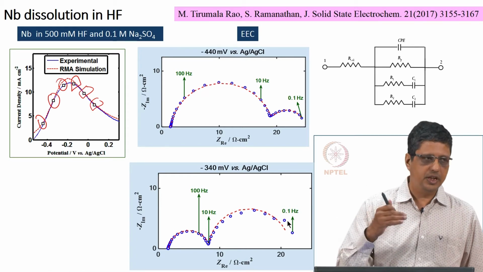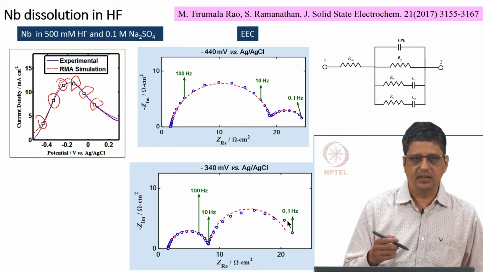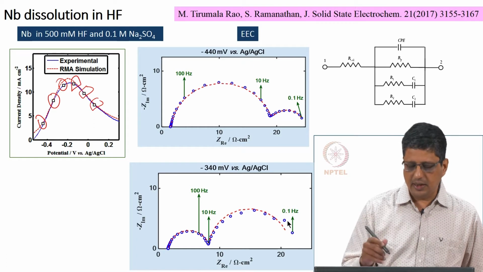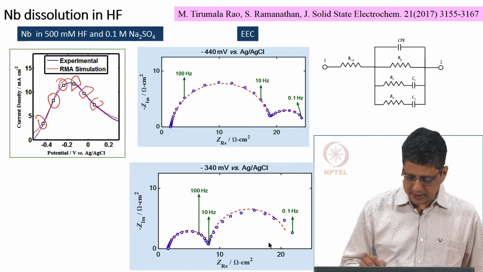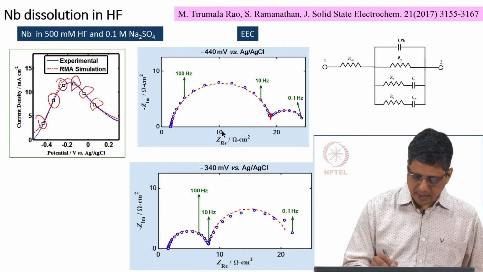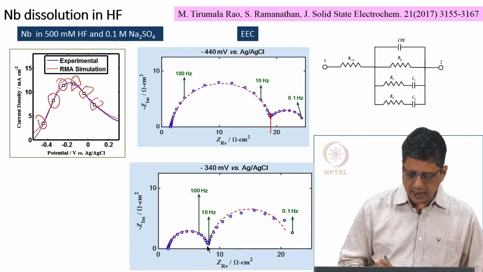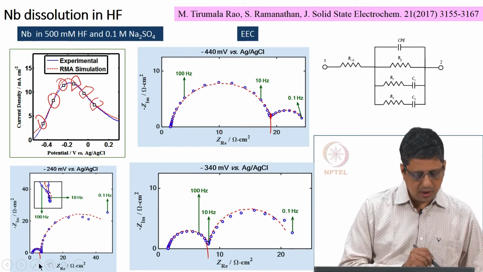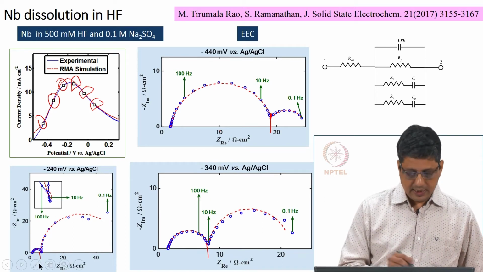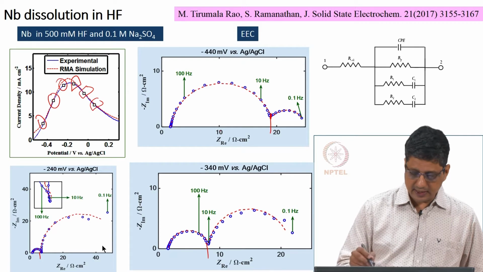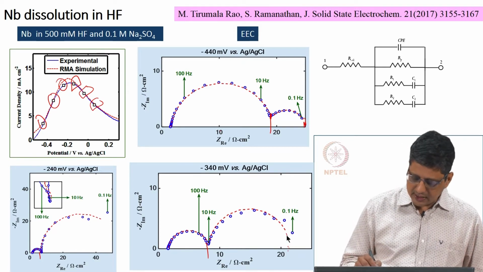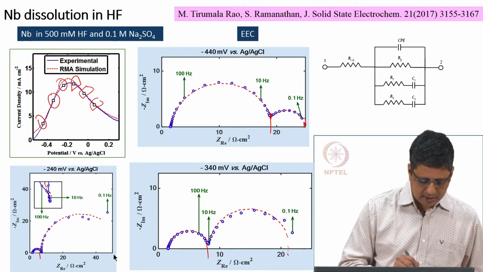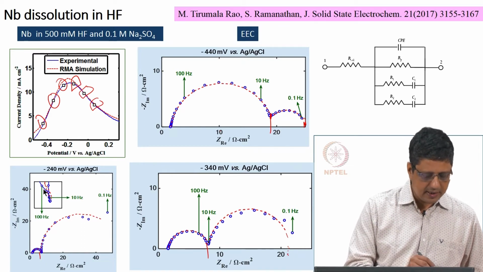If you increase the rotation beyond a certain limit, mass transfer is not a problem, so we say it is all kinetically limited. Two semicircles, but then the first semicircle diameter decreases, it goes from close to 18 to 9 to even less than that. The second semicircle diameter increases, right, it ends at around 25, not really increases, it is probably similar here. This ends up being on the larger side, and there is a small loop here.